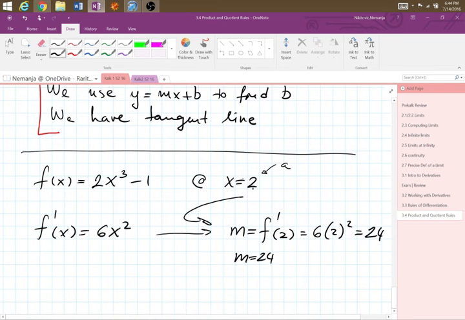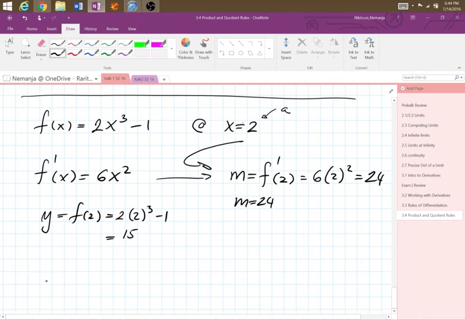We also have that x is 2. We need to find f of x, which is y. So y equals f of 2, which is 2 times 2 cubed minus 1, which is 15. So now we have that y is 15. So y equals mx plus b.